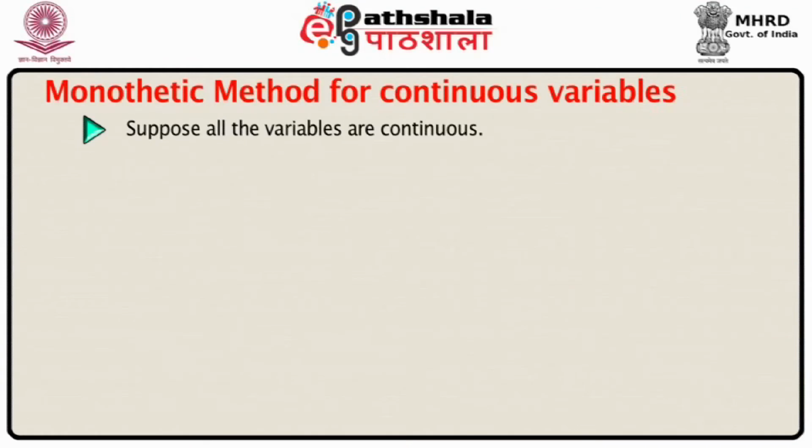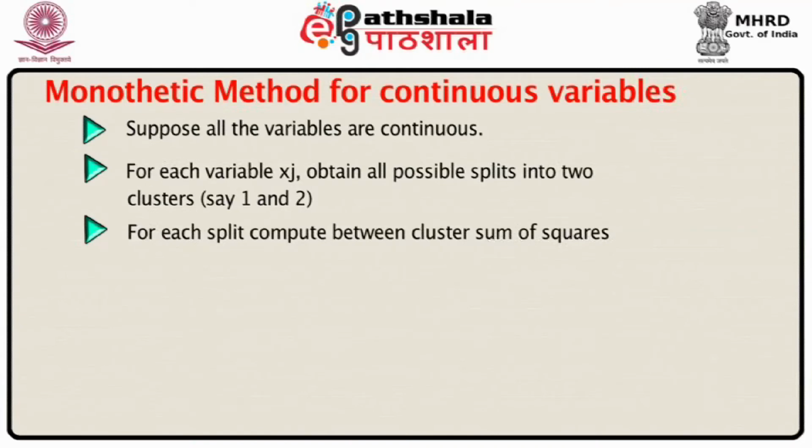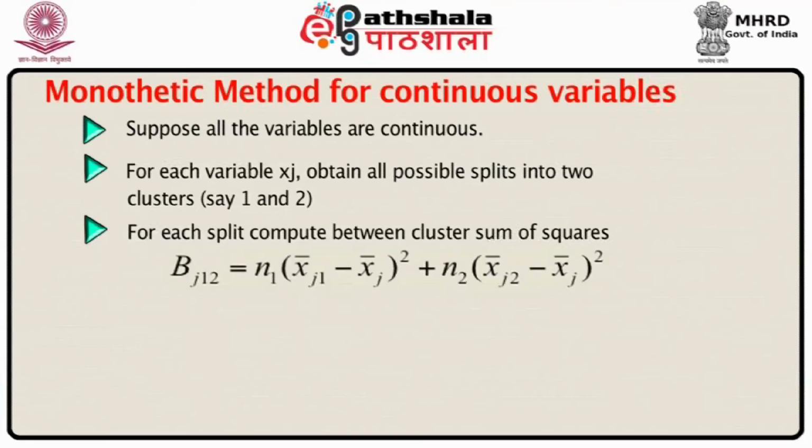For continuous variables, when we look at the monothetic methods, we first have a split of all possible xj's. So we look at each of the variables and obtain all possible splits into two clusters, say 1 and 2. For each split, we compute the between cluster sum of squares. How do you get it?